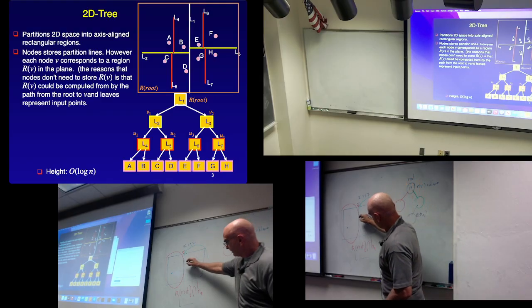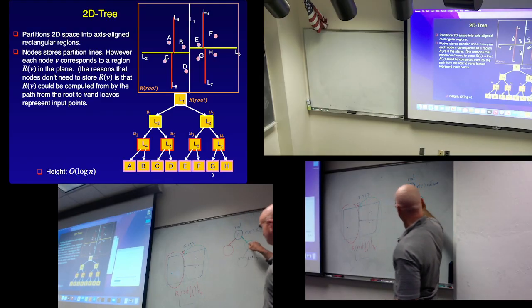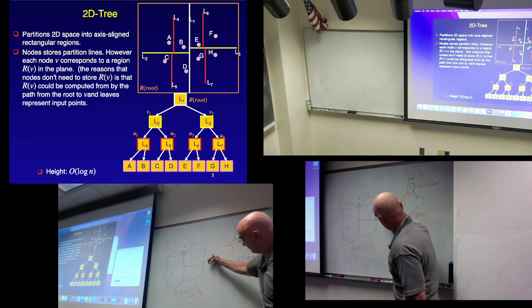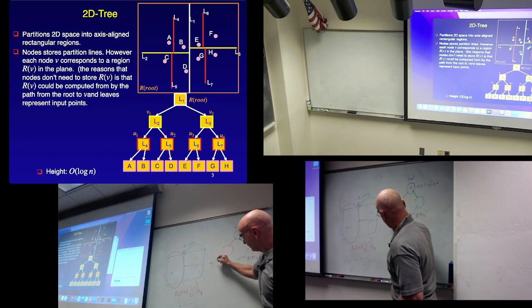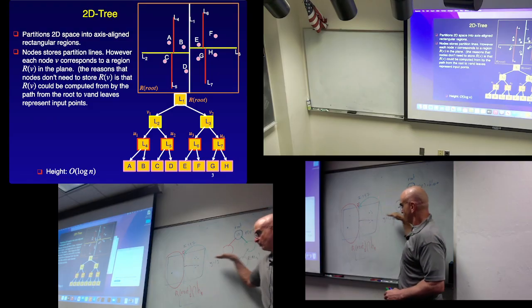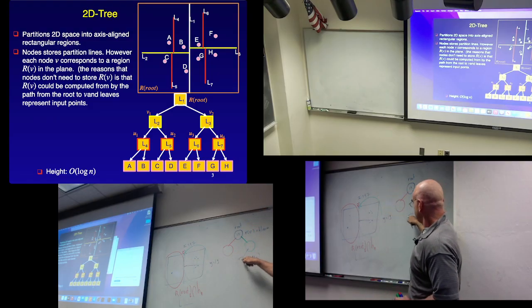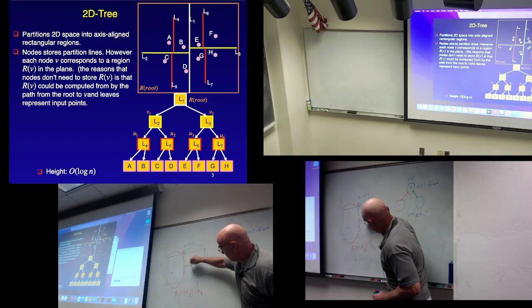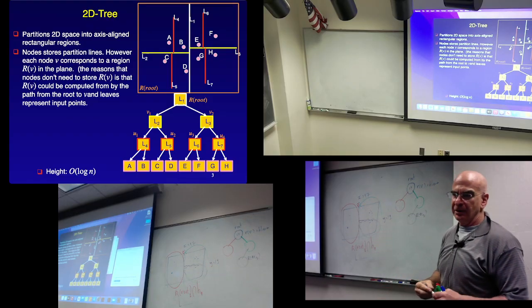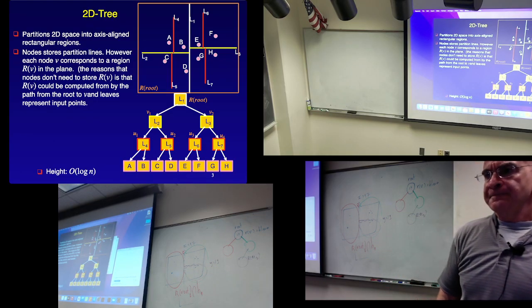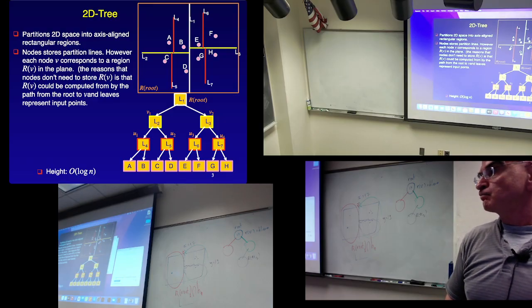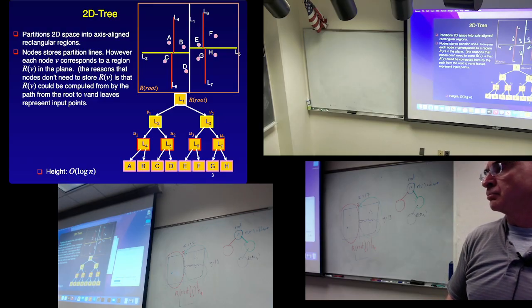First I need to store the y coordinate, y equal 19, the vertical line, and the region that the root corresponds to is this part, everything below it. So each node will store whatever region the line is splitting?